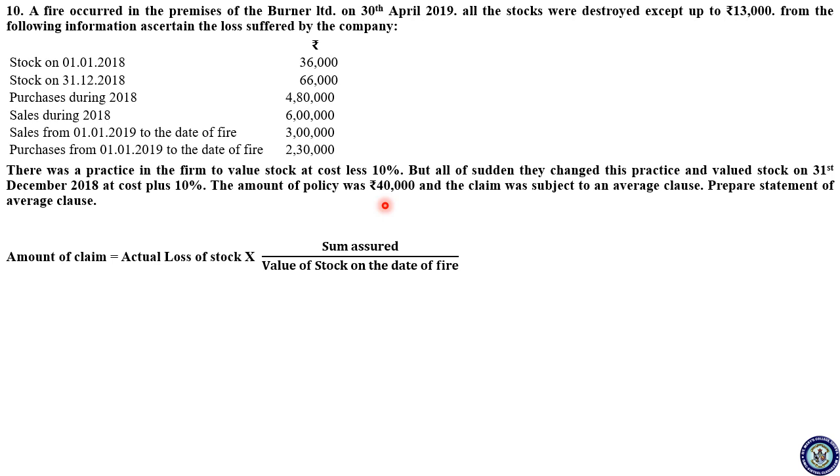It means a 40,000 policy is taken for my closing stock, that is 60,000. My closing stock is 60,000. My policy amount is 40,000. Then what would be my policy amount if the actual loss is 47,000? So that is cross multiplication, or you can apply the formula. I repeat, my closing stock was 60,000.